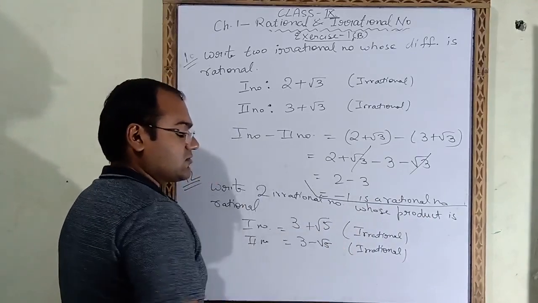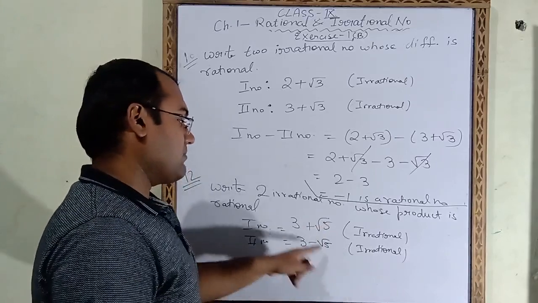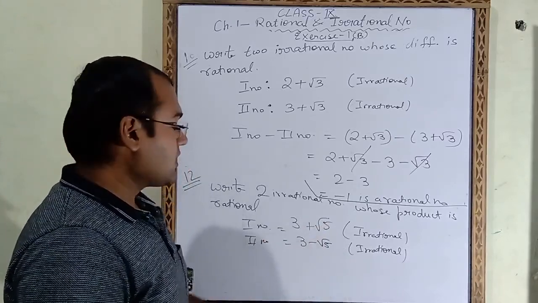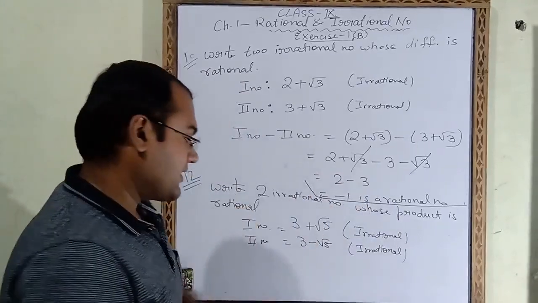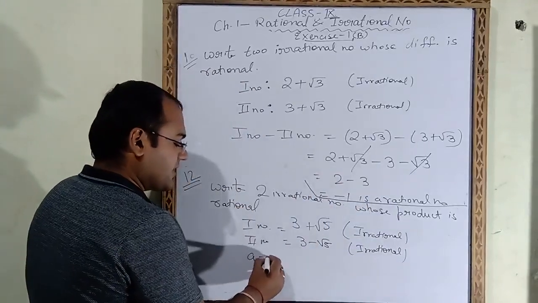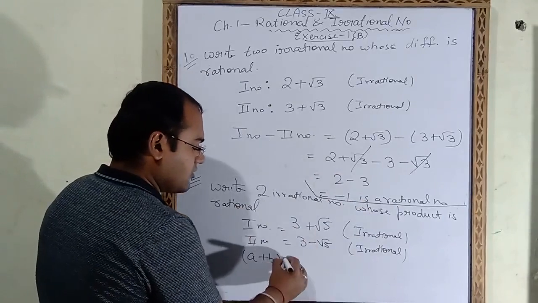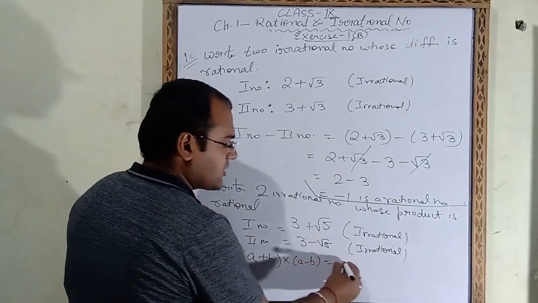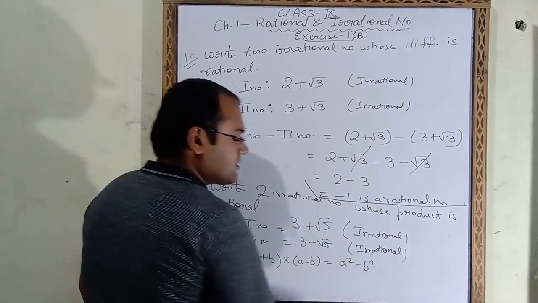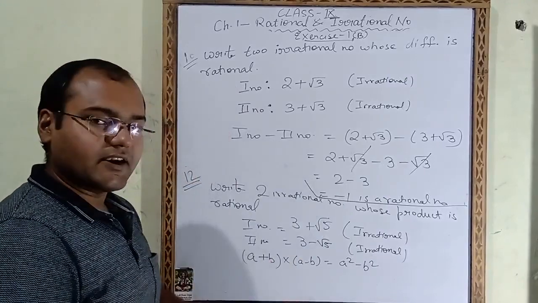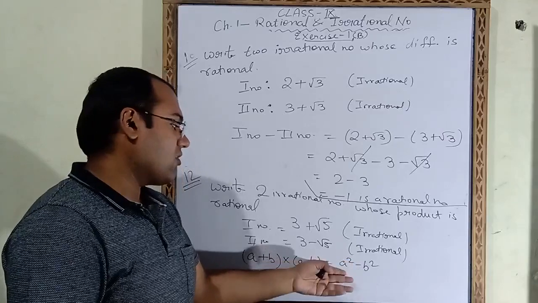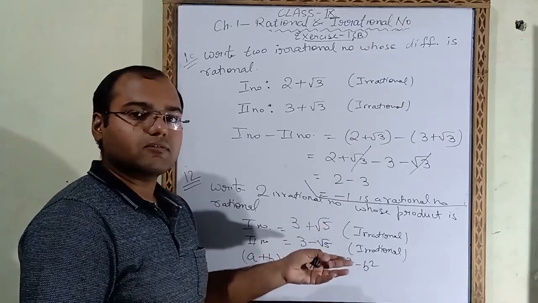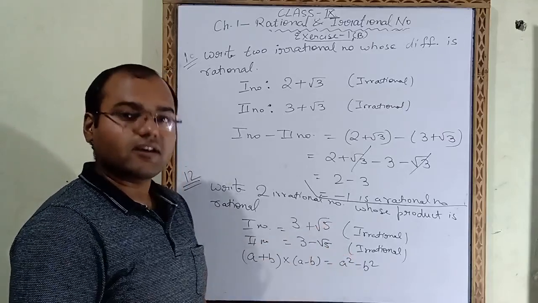Why am I doing so? Same numbers I am taking but sign I am taking opposite. Why is it so? Because here we have to find product. One identity we will use here, and our identity is a plus b into a minus b is equal to a square minus b square. When we use this identity, we have to do the square, and square of any root number we will do, so we will get rational number only.